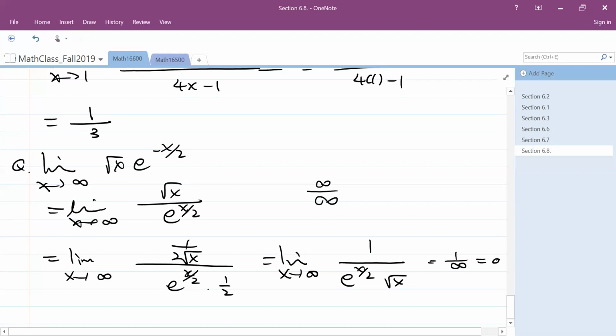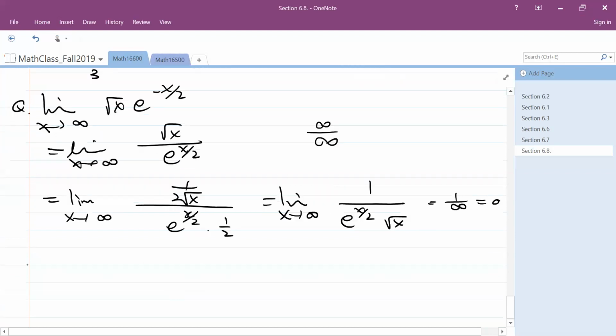All right, so let's do problem number 46. Yeah, some of the problems are even number problems. From the book, x approaches negative infinity, x times natural log of 1 minus 1 over x.